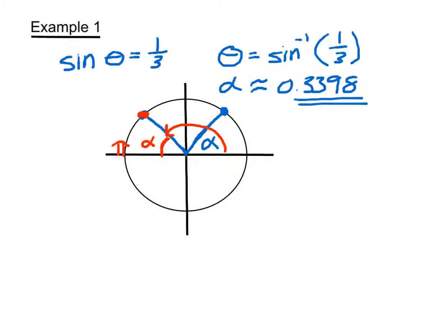So to find this angle, I simply need to subtract my alpha from pi. And pi you can plug into your calculator or you can approximate it. But if we do that, we find that our second solution is 2.802.